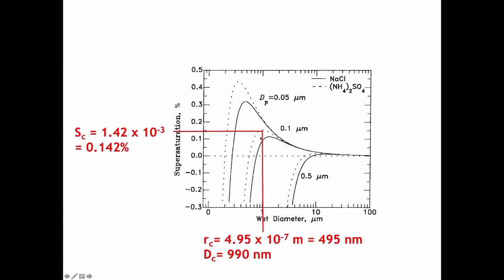So that says that at that point, at 1.4 times 10 to the minus 3 supersaturation, the particle has grown to be 495 nanometers in radius. So this 100 nanometer diameter particle has grown to be 1 micron at the point at which it becomes a cloud droplet.